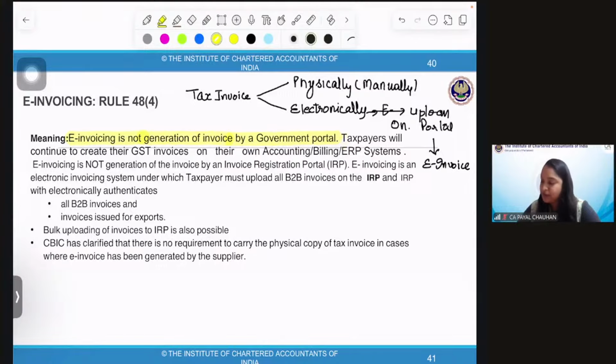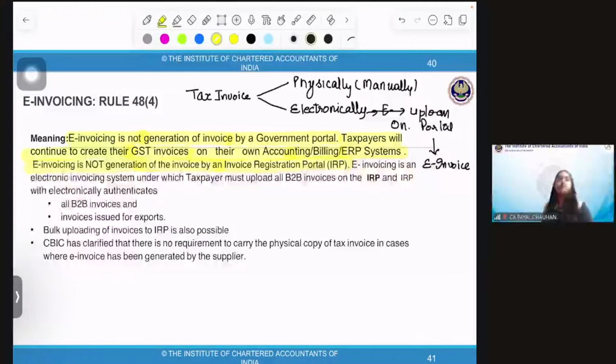The taxpayer will continue to create their GST invoices on their own accounting, billing, and ERP systems. E-invoicing is not generation of the invoice by the invoice registration portal.